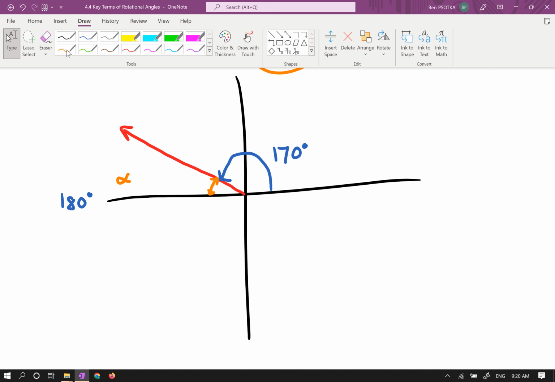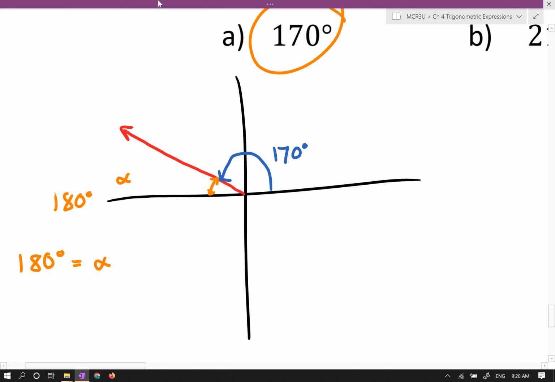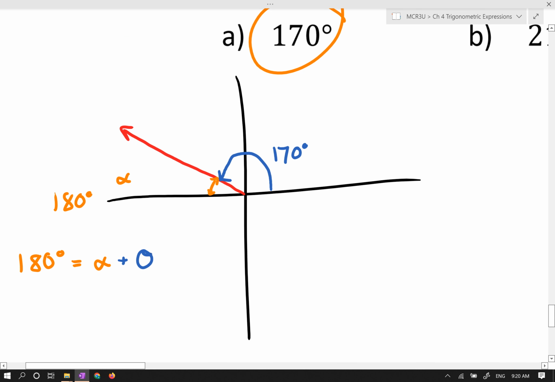And I'll work in orange because we're trying to find the related acute angle. So 180 degrees is going to be equal to my angle alpha plus my angle theta, my principal angle. And I can now substitute in the value I know for my principal angle. That's 170 degrees.